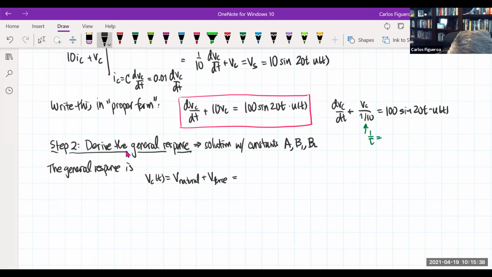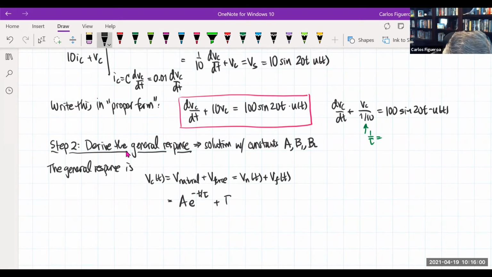So instead of writing it like this, I'm going to write it like this now. When I write this, my natural response looks like that. And my forced response, because this is a sine function, has to be a linear combination of sines and cosines.